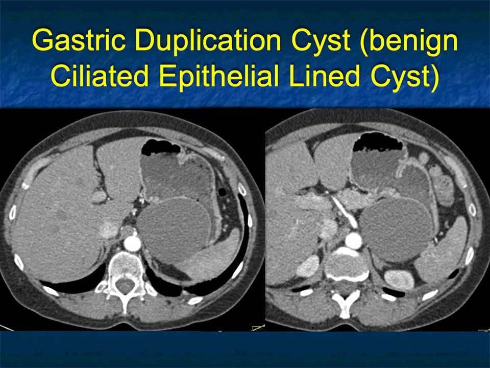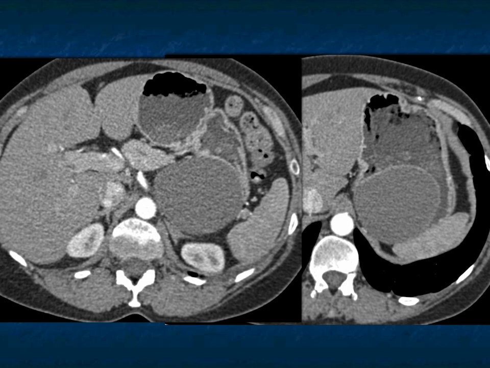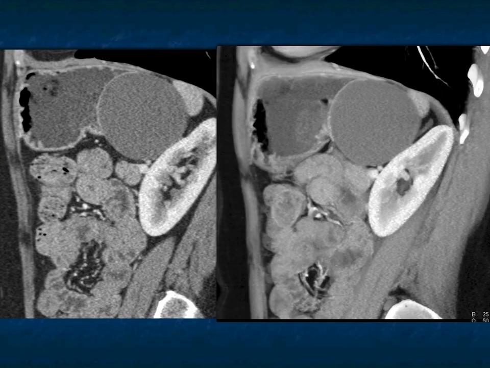Again, more commonly, we see GIST tumors rather than duplication cysts. It's a challenging case, and it's going to come out regardless. Patient was lucky. This is a benign lesion. It'll be resected. Very nice interface to the stomach, which is typically what we associate with GIST tumors as well.